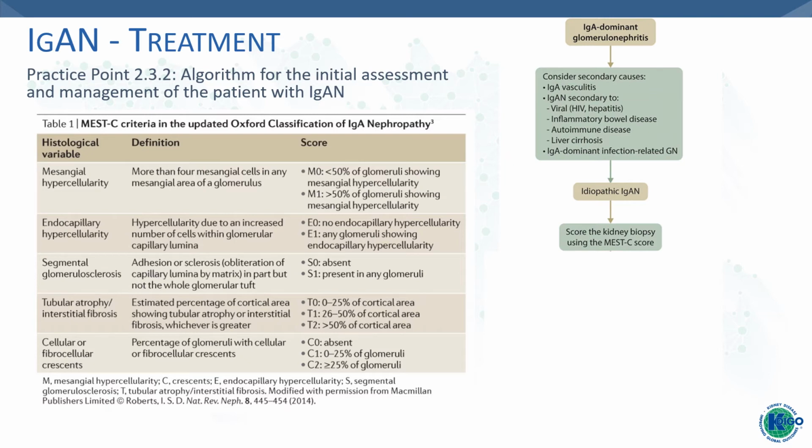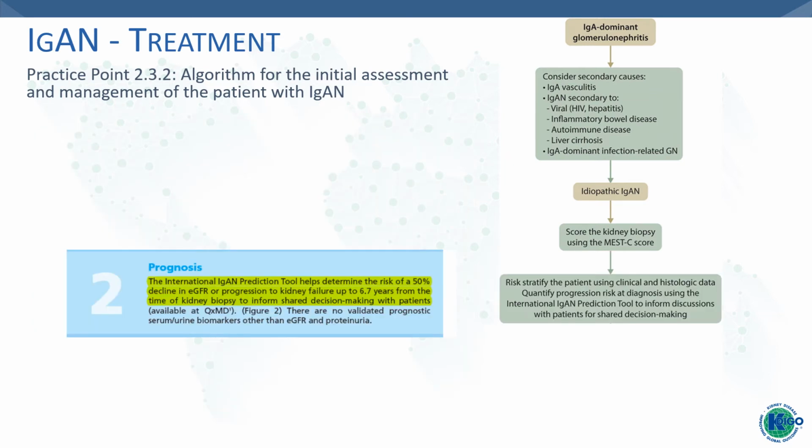The higher the score, the worse the prognosis. You then risk stratify the patient using the International IgA Nephropathy Prediction Tool, which predicts the risk of 50% decline in GFR or progression to kidney failure up to 6.7 years.